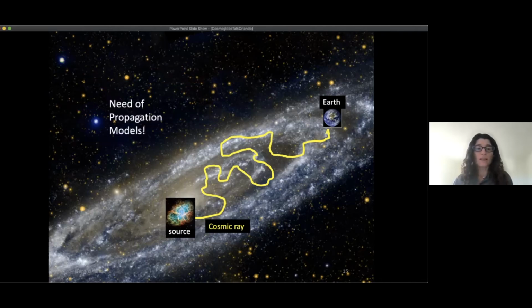To trace density and spectra of cosmic rays across the galaxy, we have to account for all of these effects, and we need propagation models. These models are based on cosmic ray direct measurements that reflect cosmic rays in this particular place of our galaxy, which may not resemble the spectrum and abundances of the entire galaxy, by the way.